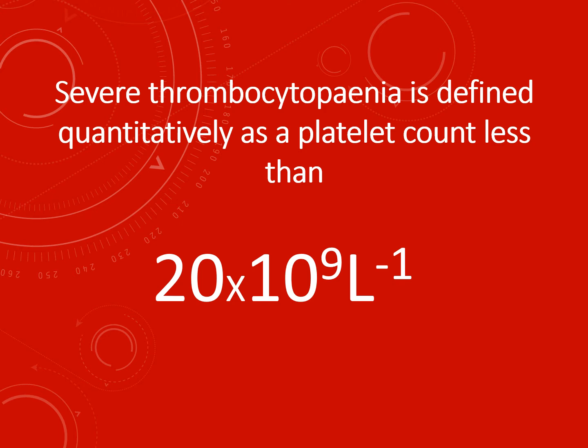Literature, and I will give a source of reference towards the end of this overview, says that severe thrombocytopenia historically has been defined quantitatively as a platelet count less than 20 times 10 to the 9 per liter, which is basically a large reduction in platelets from a hematological perspective.